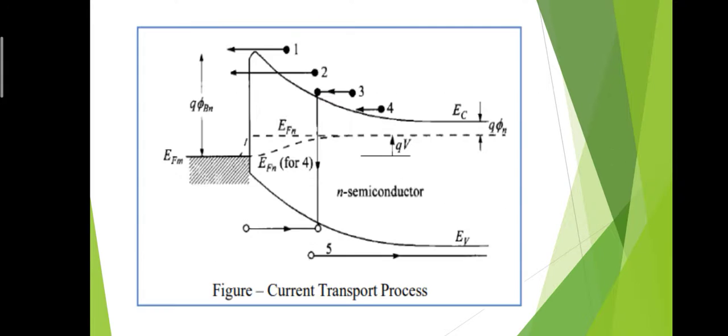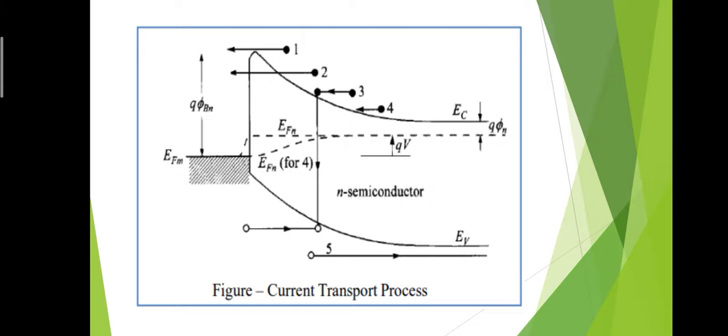So in the figure, this is the figure, first, second, third, fourth and fifth. These are the arrows shown in the figure which show the direction of the current. That means the current flows from which point to which point. The left hand side is for the metal and right hand side is N-type semiconductor material.